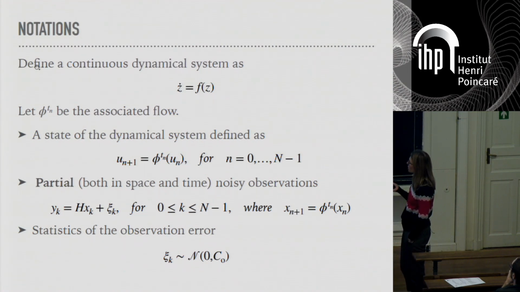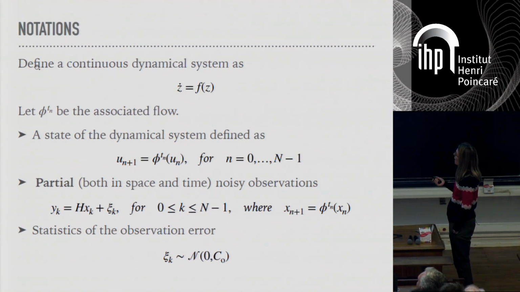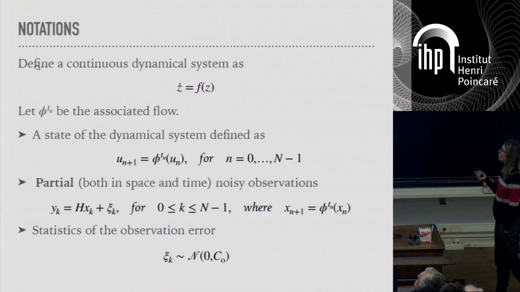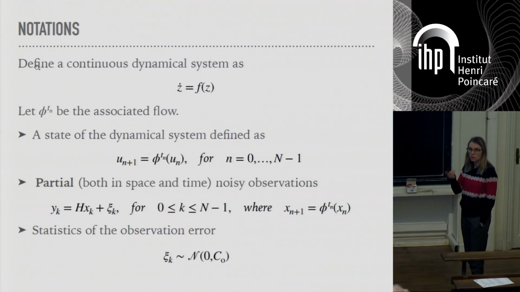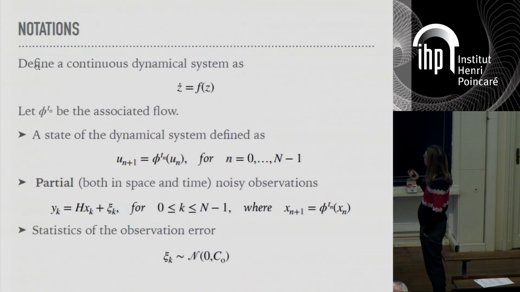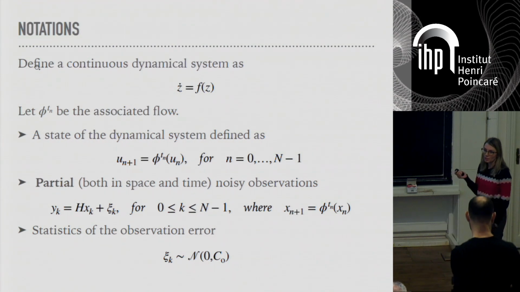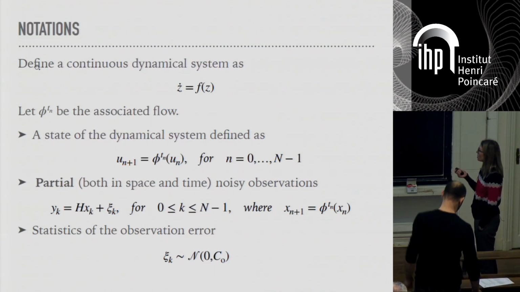So we observe it partially. So H is typically a non-square matrix. And the index k is a time index that goes somewhere between 0 and n minus 1. So it doesn't need to go over all indices, but somewhere in between. And there is also noise. So typically, noise is coming from a normal distribution with 0 mean and some covariance matrix Co. So this is observation error.